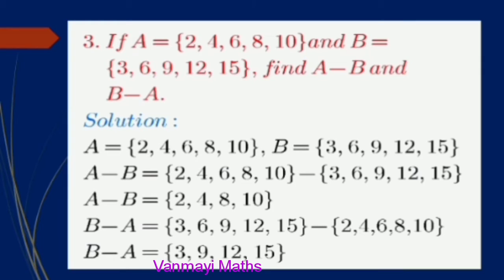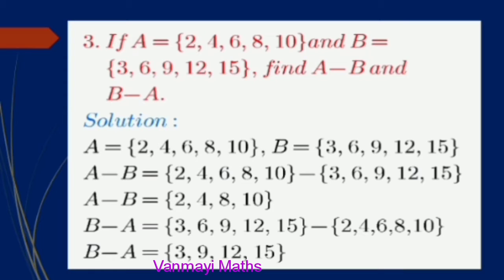Third question, if A is equal to 2, 4, 6, 8, 10 and B is equal to 3, 6, 9, 12, 15, here we have to find the difference between A and B, means A minus B and B minus A. So A minus B, we just have to cancel the common elements and write down the remaining elements which are present in A. So 6 is common in both the sets, that's why we cancel the 6 and the only elements in A are 2, 4, 8, 10.